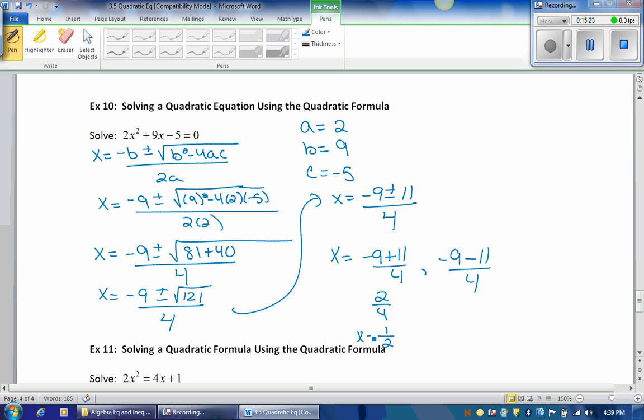So that's one solution. And the other solution, we get negative 20 over 4, which is negative 5. So my solutions are 1/2 and negative 5. The quadratic formula will solve any quadratic equation that you give it. If you can't factor it, you can solve it using the quadratic formula.